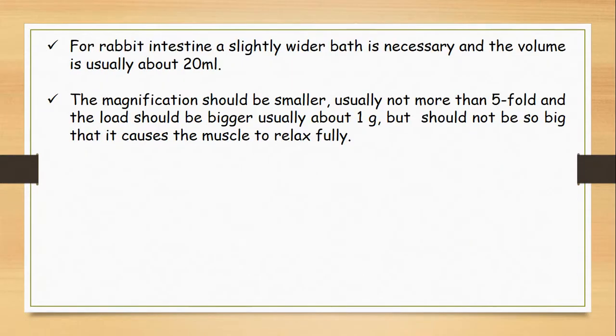For rabbit intestine, a slightly wider bath is necessary and the volume is usually about 20 ml. The magnification should be smaller, usually not more than 5-fold, and the load should be bigger, usually about 1 gram, but should not be so big that it causes the muscle to relax fully.